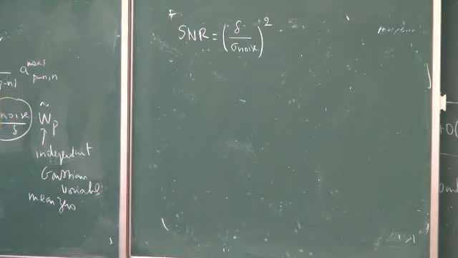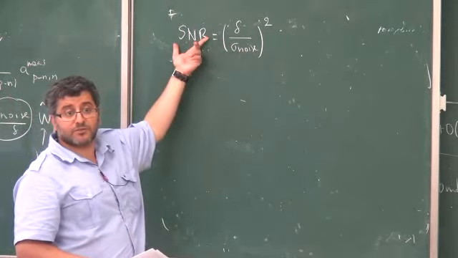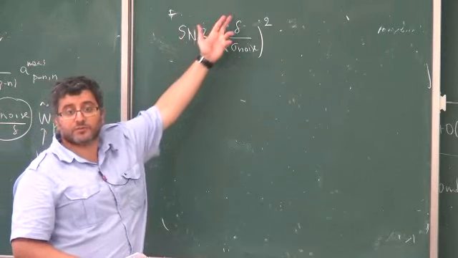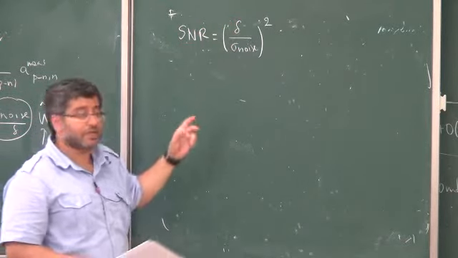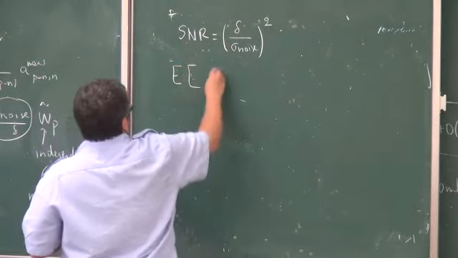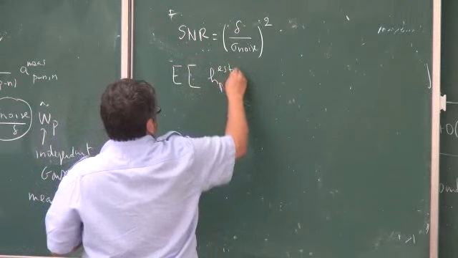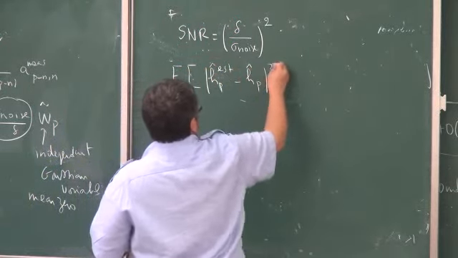If the amplitude of the noise is very large, the signal to noise ratio is very small, and there is no way to get the perturbation h. I will show it to you. So compute the variance of this estimator minus h_p.